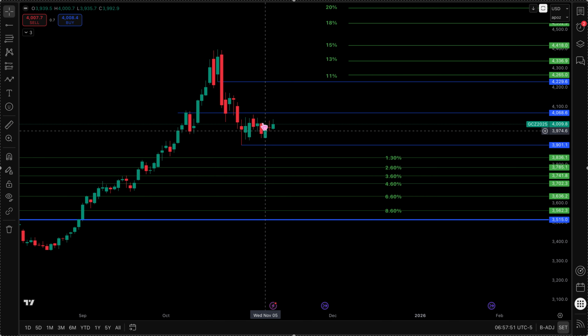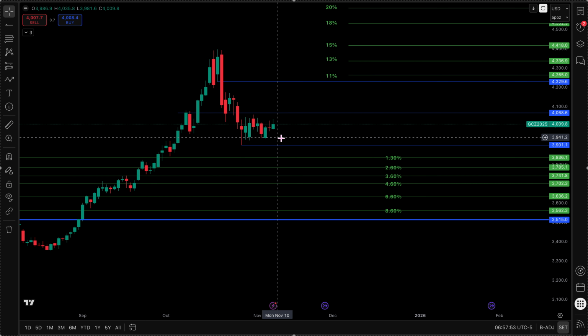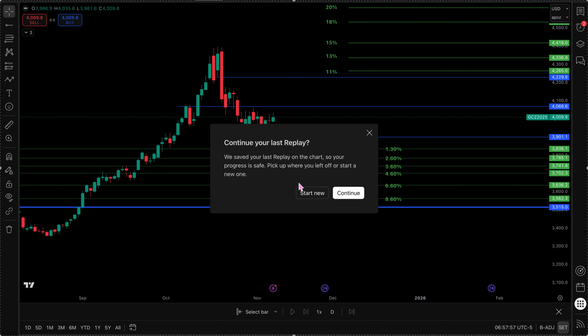If we go back to the model, let me hit the replay button. I'm gonna show y'all what it looked like, and not just how to identify it. I'm also gonna show y'all what it looked like within structure as well.